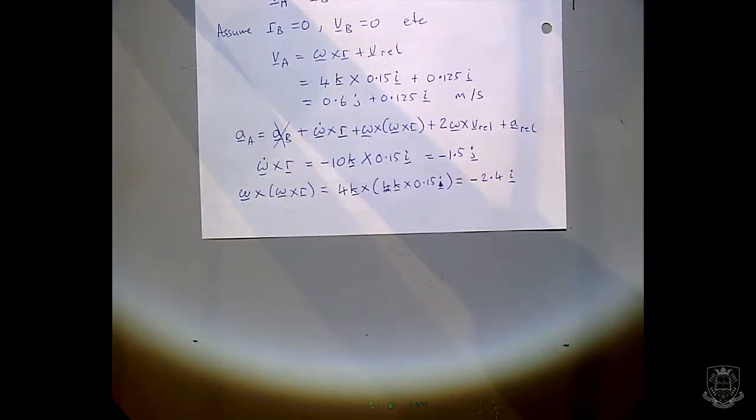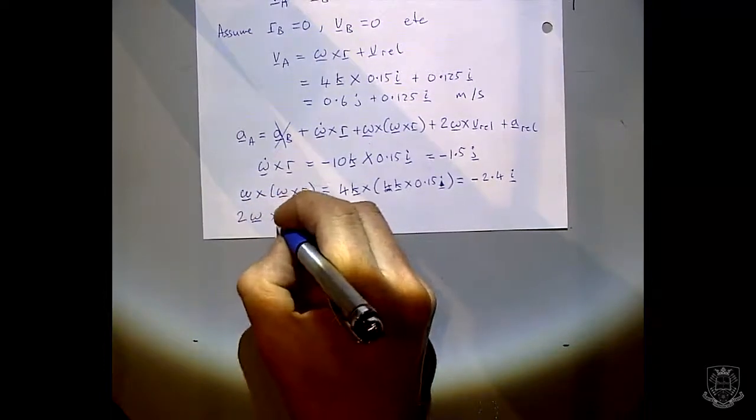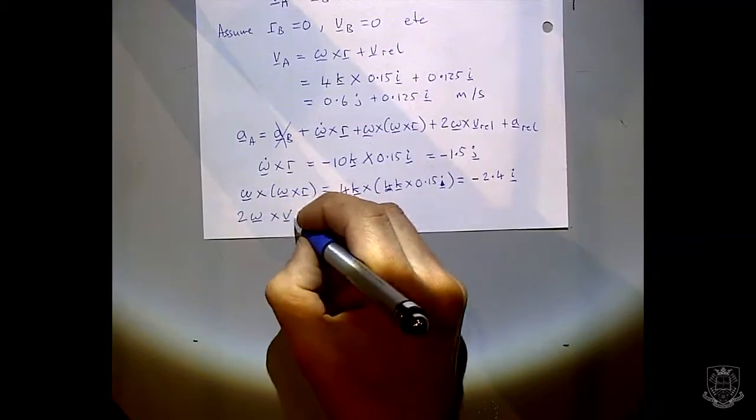Then we've got the Coriolis term, which is 2 omega crossed with V relative.